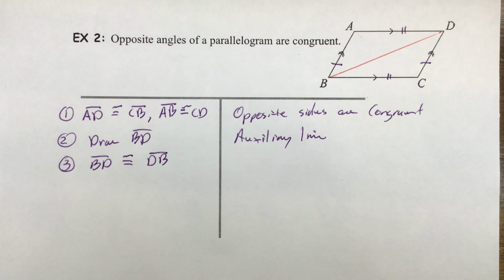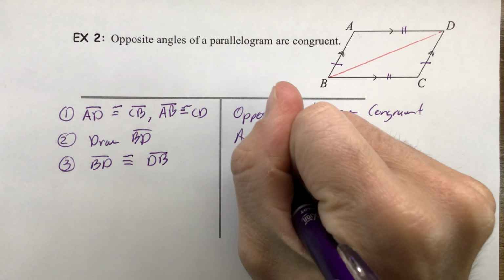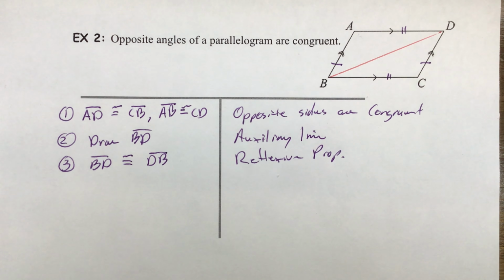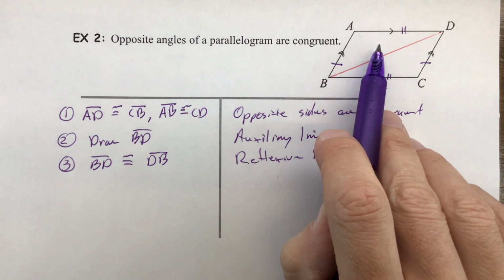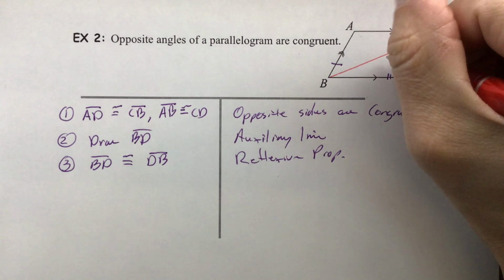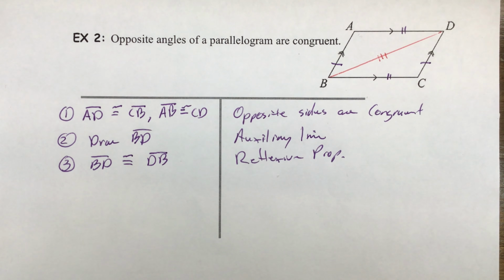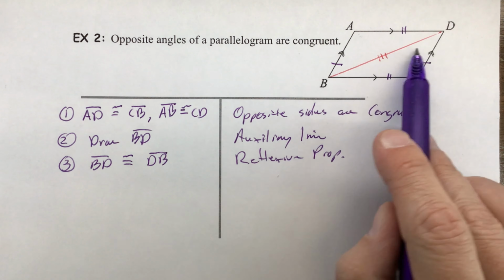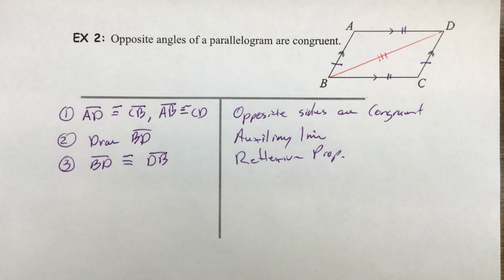Reflexive property. Okay, so a little bit faster now, without using the angles, I can actually prove right now that the top triangle and the bottom triangle are congruent by side, side, side. Okay, so there's that reflexive one here. I'll just put 3 marks on it so that you can see it. But we've got our singles, we've got our doubles, we've got the shared side there. So by side, side, side, they are congruent.